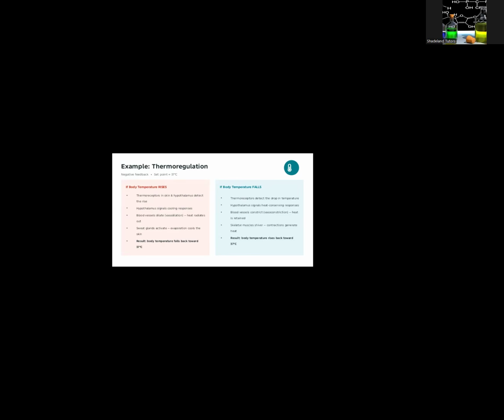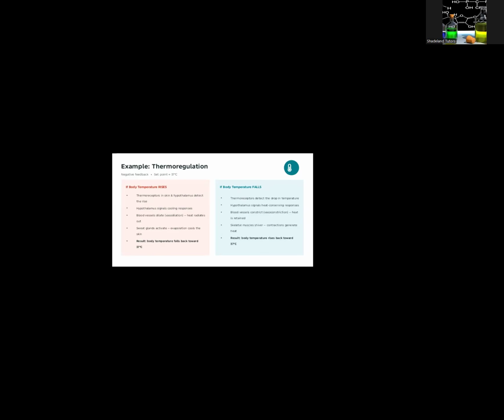The functions we call homeostatic functions are those that create a steady internal environment. Always remember these words, steady or constant. So we're not talking about the external, we're talking about the internal. So the answer is not very correct.